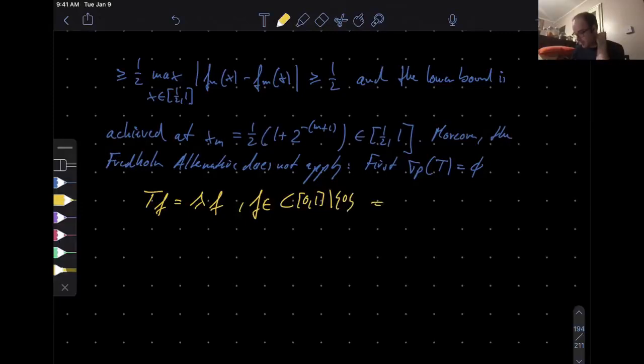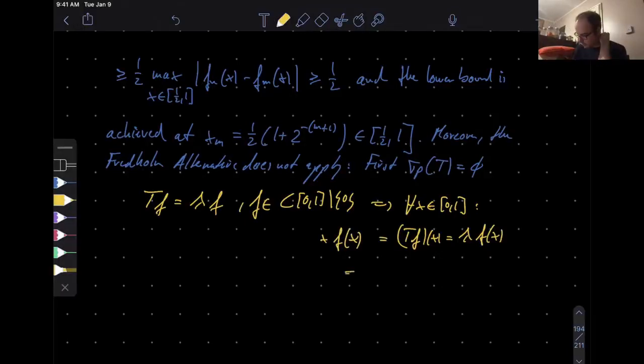Yeah, okay, but this means then for all x in [0, 1], you must have that T f of x, now I evaluate it, is equal to lambda f of x, and by definition this is just x f of x, right? And then what you have here is (x minus lambda) f of x is equal to 0, and this must hold for all x in your interval from 0 to 1.